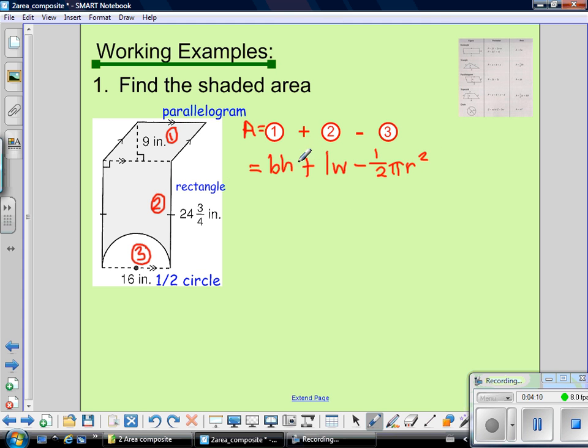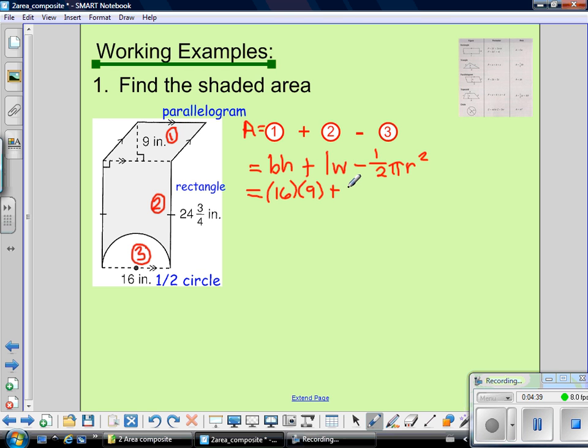So now it's a matter of filling in what we know. Our base of our parallelogram is this distance here. I have to look in the diagram to find that, and it's 16 inches. So we're going to put 16. And our perpendicular height is 9 inches. And yes, I did check to make sure that I'm all in the same units. My length of my rectangle and width, so 24 and 3/4.